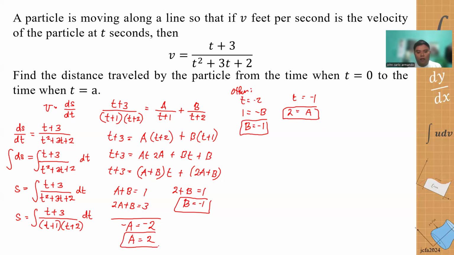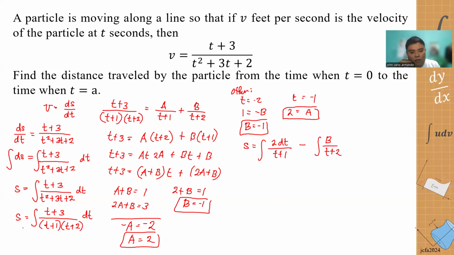Okay? What's next? We have to integrate now. So, therefore, S is simply the integral of, ang A natin is 2. So, 2 dt, since our variable is t. This is the same as x in the problem that we discussed last time. So 2 dt over t plus 1 plus B. But B here is negative 1, so minus B over t plus 2.